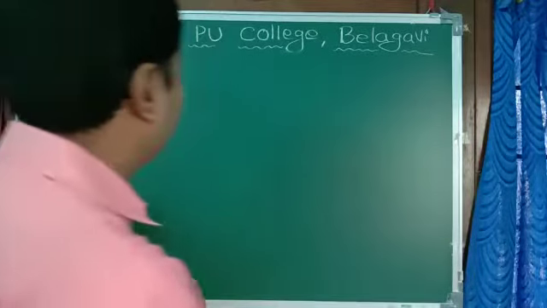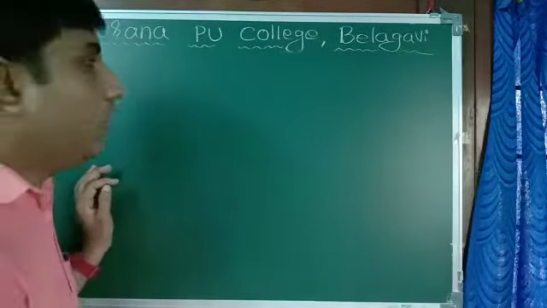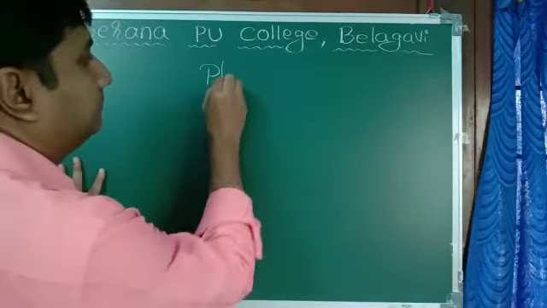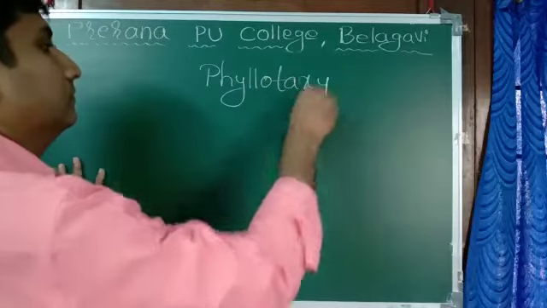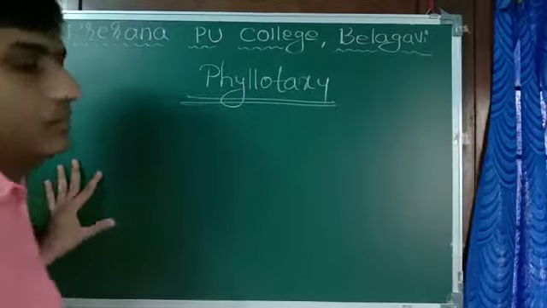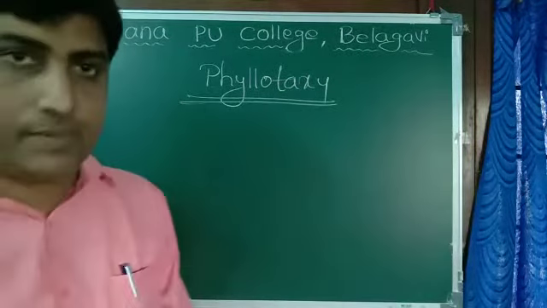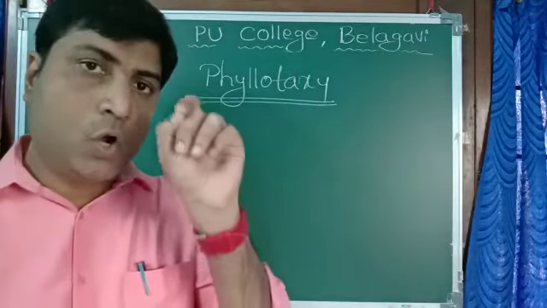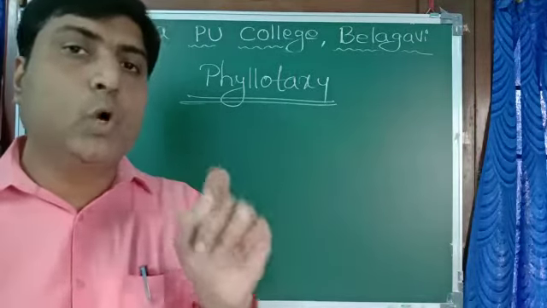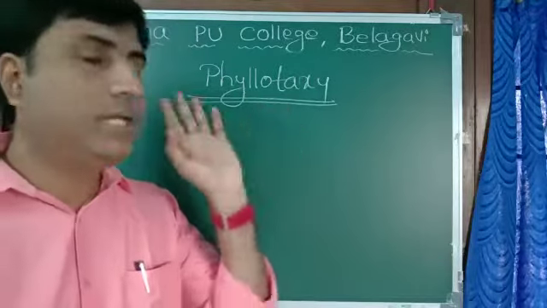Now one more thing, there is something called phyllotaxy. What is phyllotaxy? Arrangement of leaves on the nodes on the stem is known as phyllotaxy.